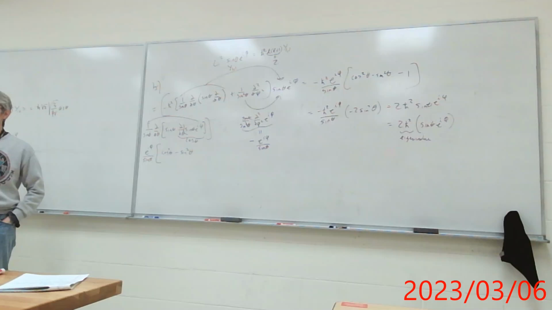So this will be 2 cosine theta e to the i phi, unless I screwed up. And the minus sign cancels this one. So I finally get plus h bar, square root 3 over 8 pi, 2 cosine theta e to the i phi.